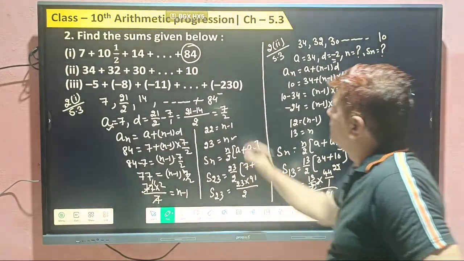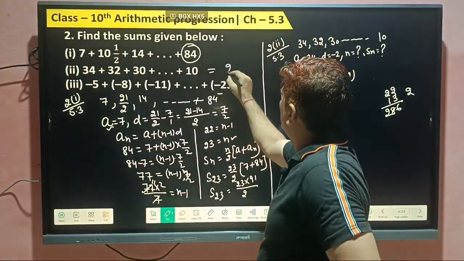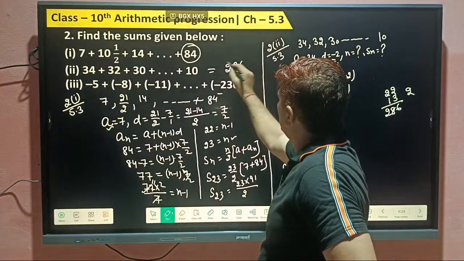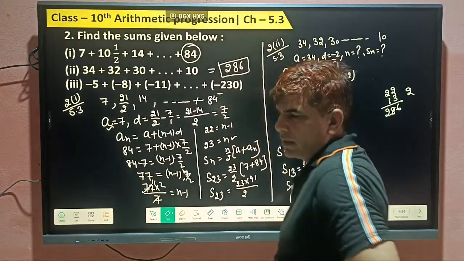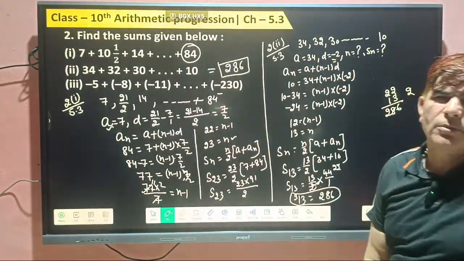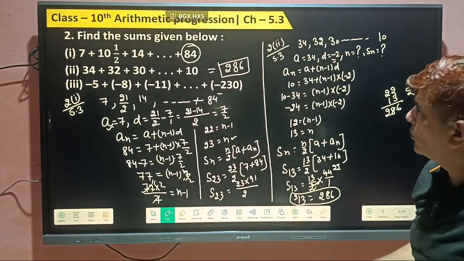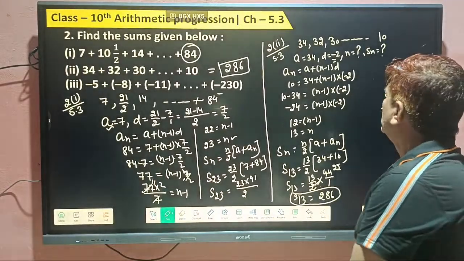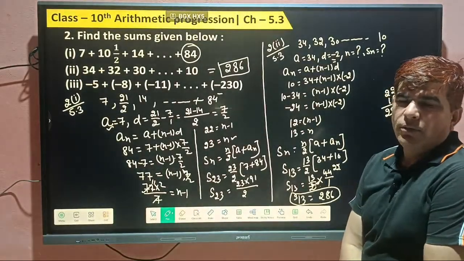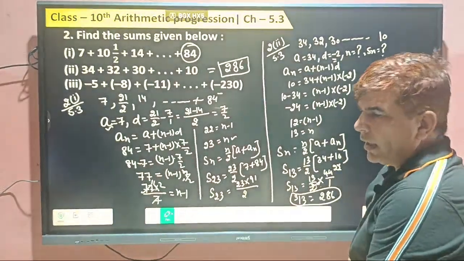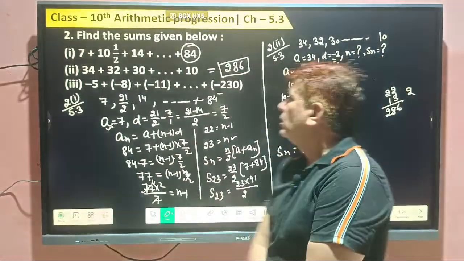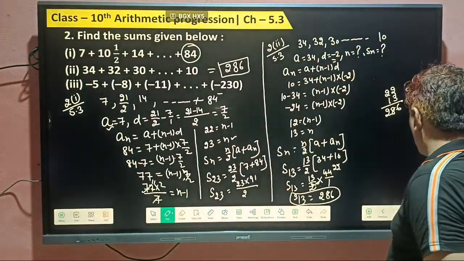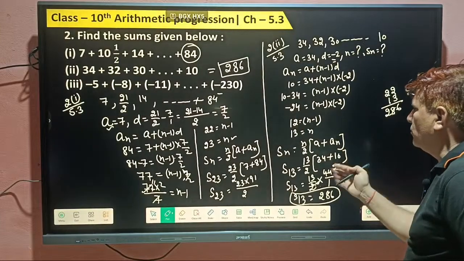So this sum is equal to 286. So you can understand the difference between question number 1 and question number 2. In question number 1, we have to find the sum of the first n terms. But in this question, first we have to find n, then find the sum of the first n terms by applying the second formula, this formula.